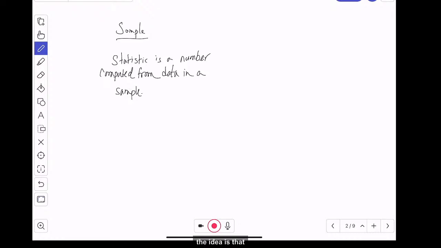The idea is that I can, in a cost-effective way, gather a sample and gain information about that characteristic that I'm measuring. So if I'm measuring student performance, something like a GPA would be an indicator of student performance.